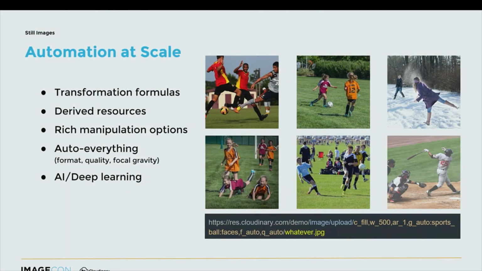And as they say, an image tells 1,000 words. Nowadays, you probably understand that you need 1,000 images to tell a story. So it's all about automation at scale, and this is what we're trying to do.